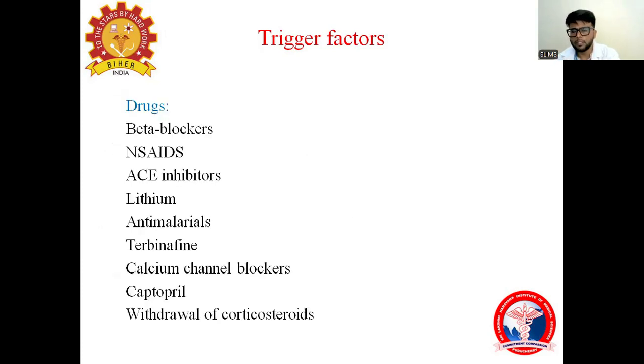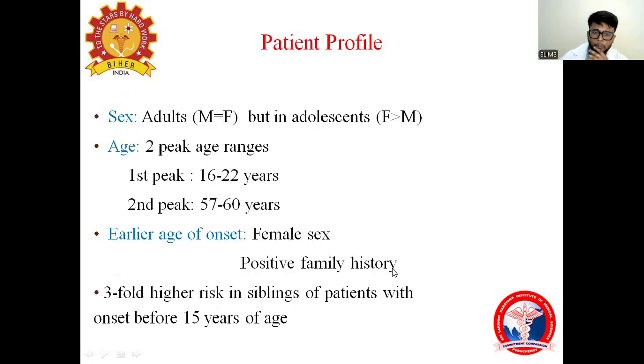There are also several drugs that can precipitate psoriasis. The first ones are beta blockers, NSAIDs, ACE inhibitors, lithium, antimalarials, and terbinafine, an antifungal given for tinea, as well as calcium channel blockers, captopril, and sudden withdrawal of corticosteroids or methotrexate. So, which age is common?